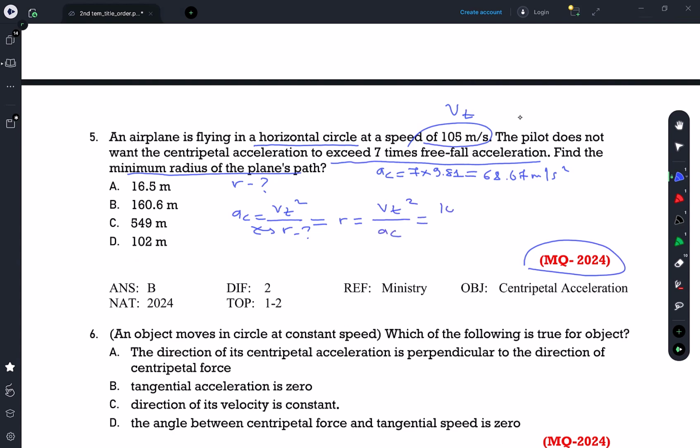VT is 105, it must be squared, divided by AC, 68.67. So let's find this: 105 squared divided by the answer, 160.5. 160.5 meters is the answer, so B is the correct answer.